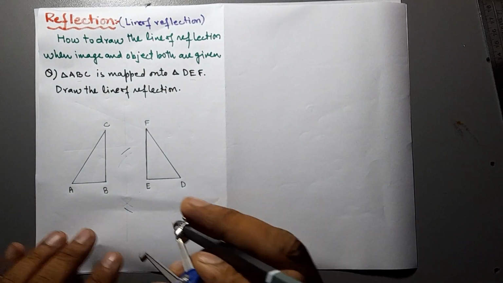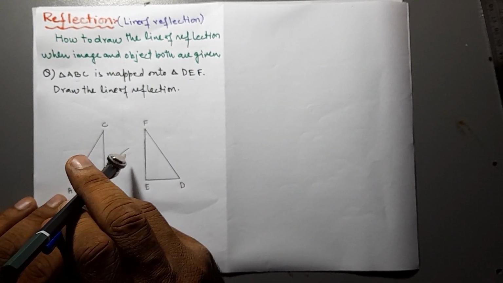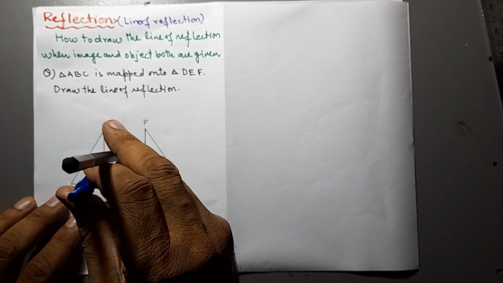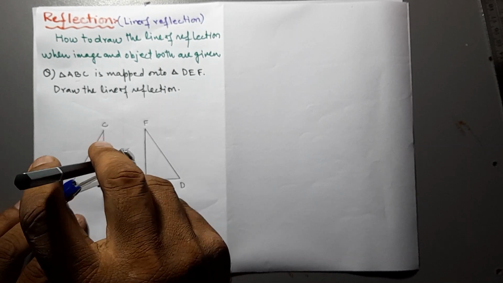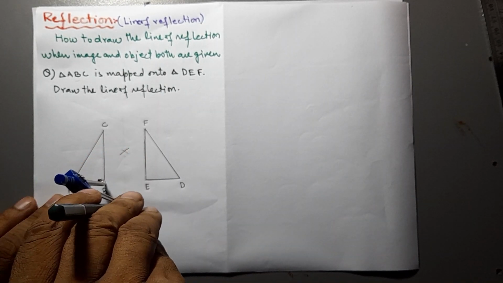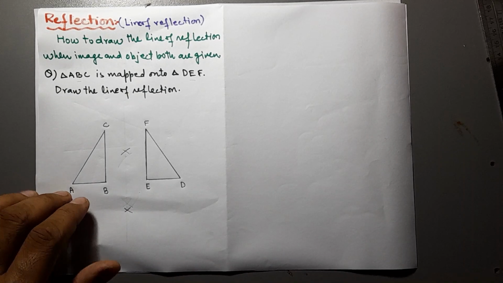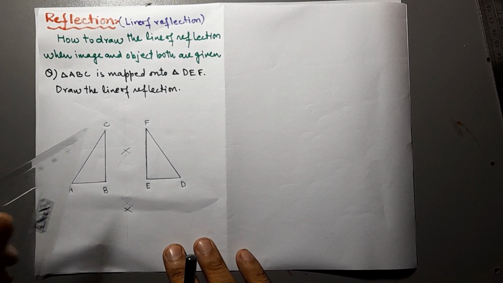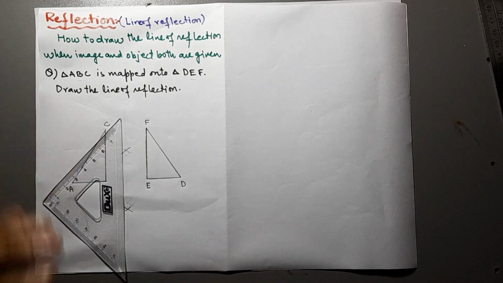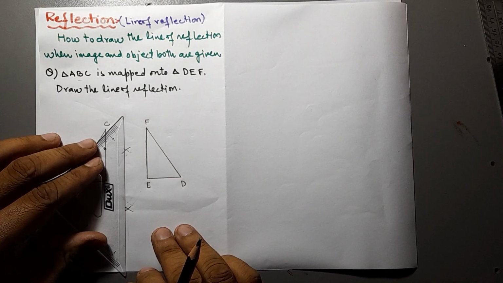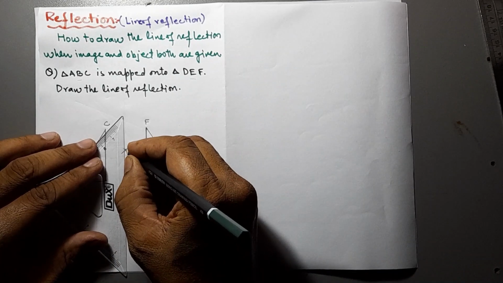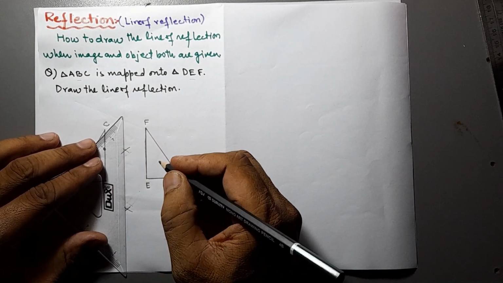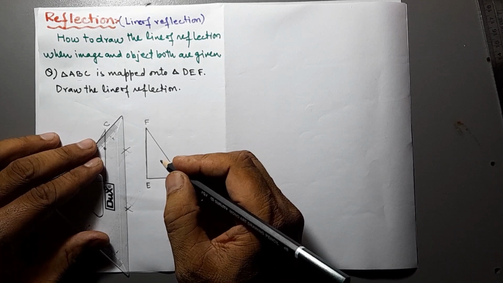Now I will repeat the same process from the point E. I will join the two points of intersection and I will get the line of symmetry, or line of reflection, or invariant line.